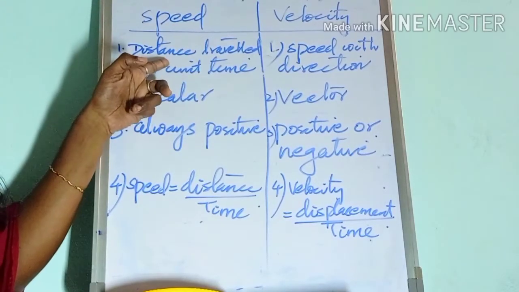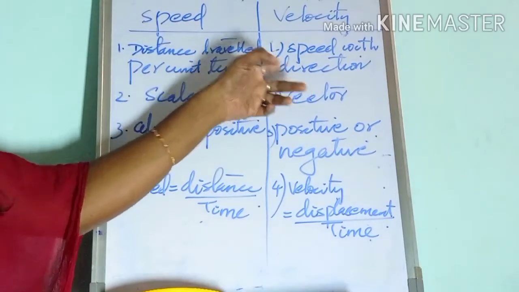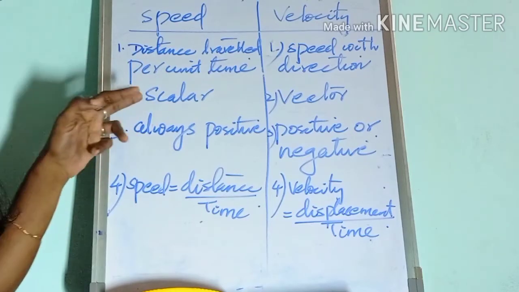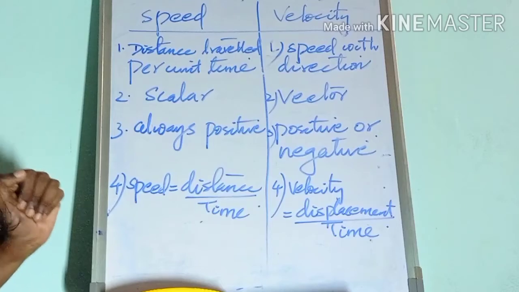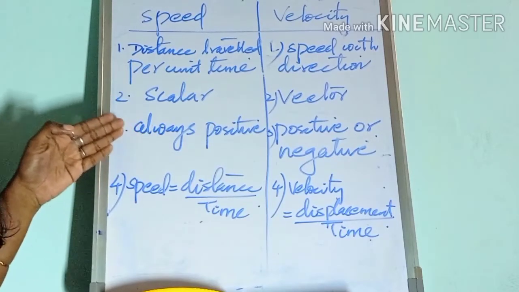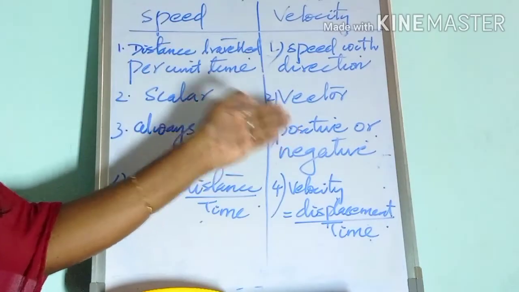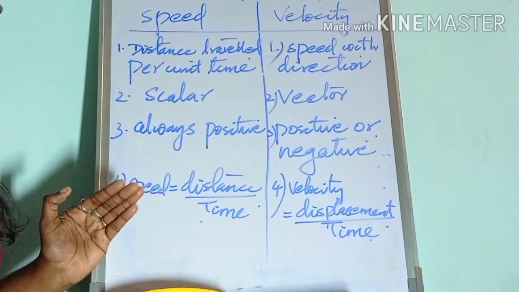Speed is the distance travelled per unit time. Speed of an object moving in a particular direction is called velocity. Speed is a scalar quantity and velocity is a vector quantity. Speed is always positive because we are not mentioning its direction. Velocity is positive or negative since we are mentioning the direction of motion.